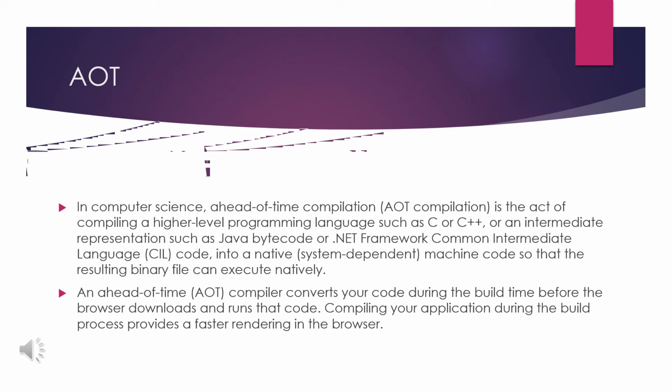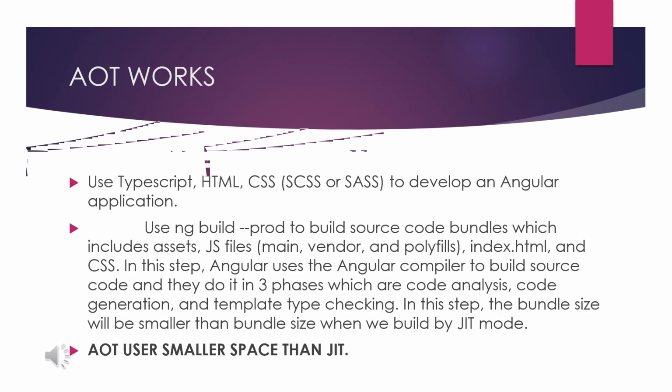Once we compile into AOT, we don't need to make any last minute changes in the code. That is very important, because we have to launch the code. Once we make any changes, we need to compile again into AOT code. Here the compiler takes the TypeScript files, HTML files, CSS files, and all the components, services and directives together for building. We use ng build --prod for production purposes, and build --aot is for AOT purposes.